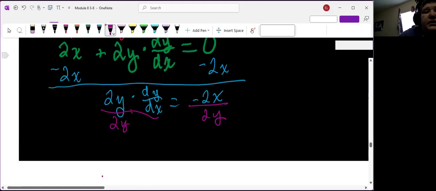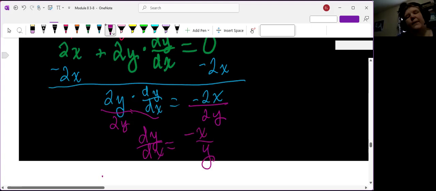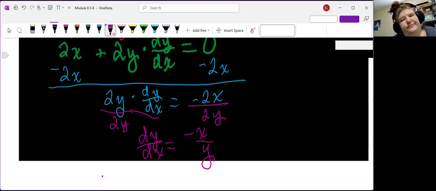So our dy dx is negative x over y. And now we got to do a derivative of that, which is going to be a quotient rule, which is going to be ugly, but we can do it. I believe in us.